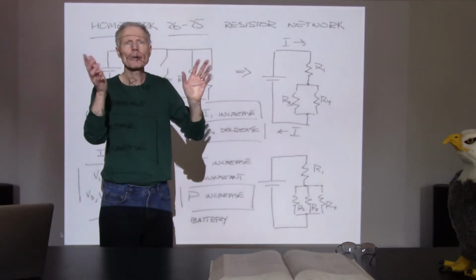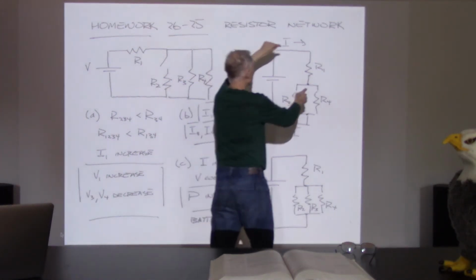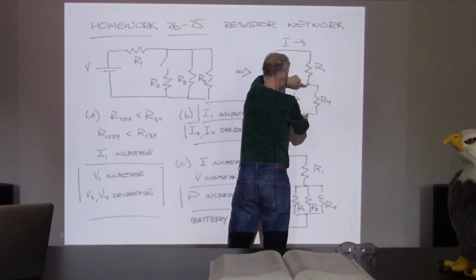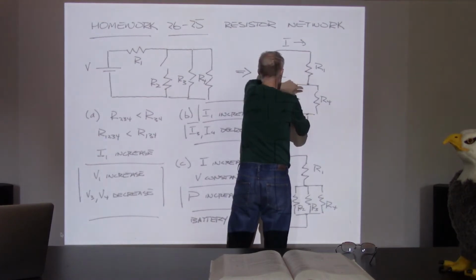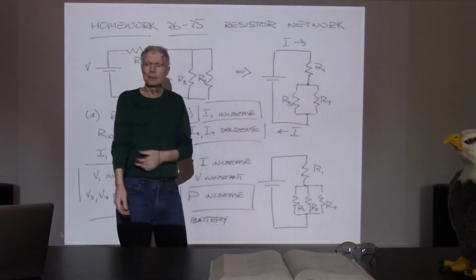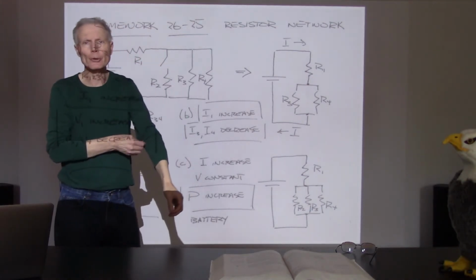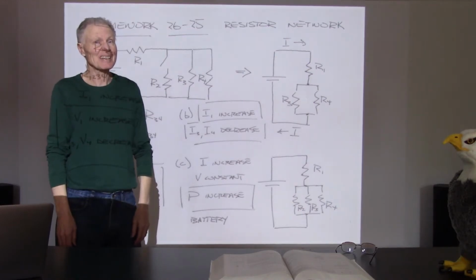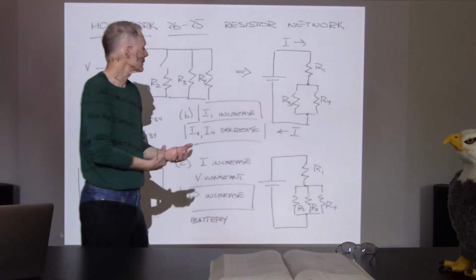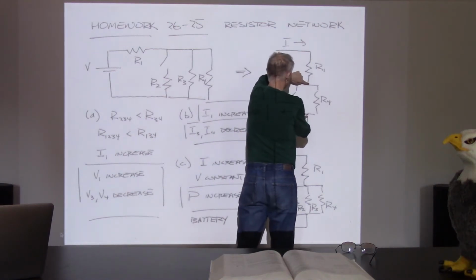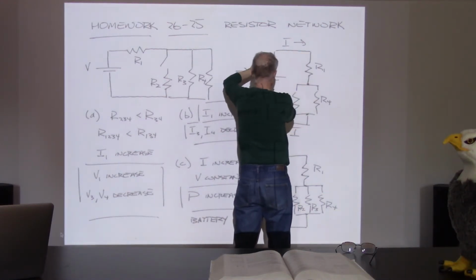If I get my voltmeter out and do a voltage reading here and a voltage reading here, those two readings combined, it's direct current, will add up to the voltage of the battery. We'll find out with alternating currents and combining resistors and capacitors that it's not necessarily the case. It's not as simple as just adding voltages, but with DC it is. So I can take this number, add that number, and get the overall.